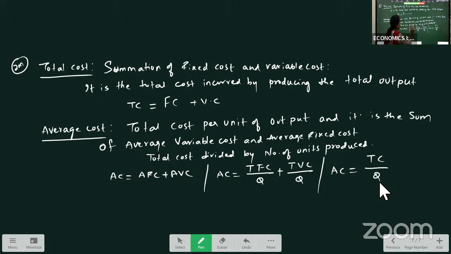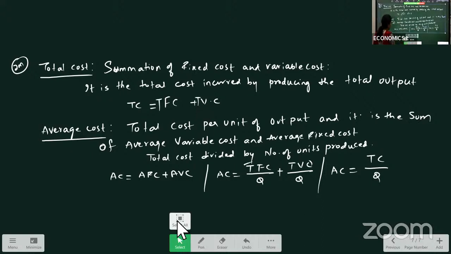Why? Because total cost itself is what? TFC plus TVC. Total cost is total fixed cost plus total variable cost. Okay. So, this way we calculate the average cost.